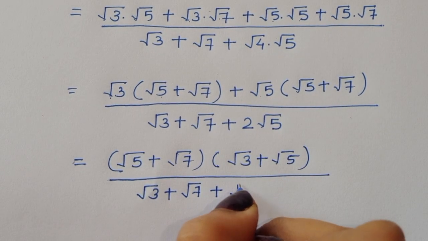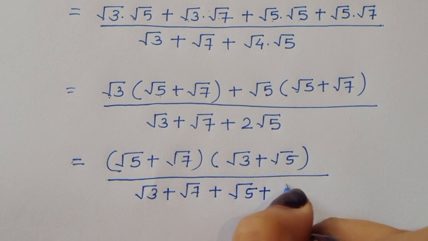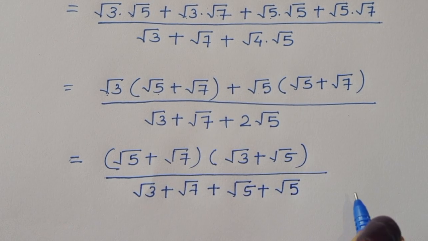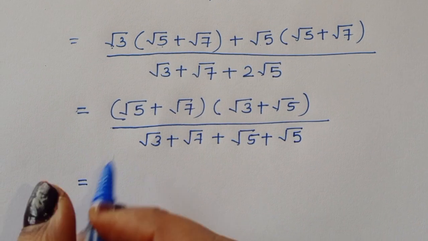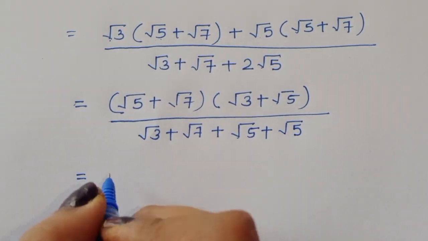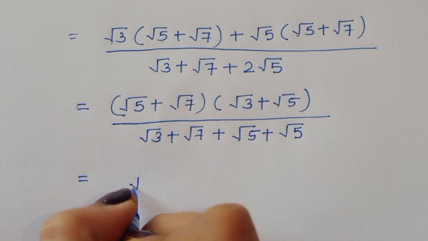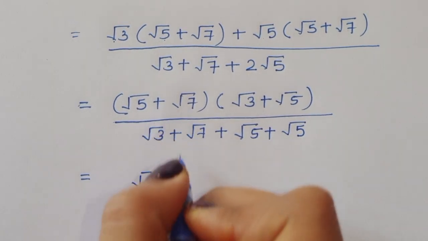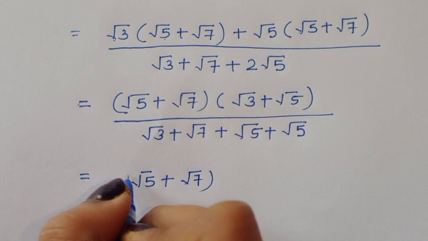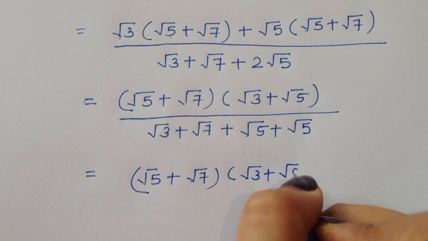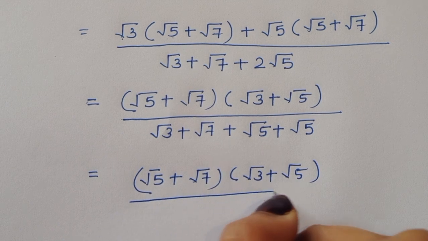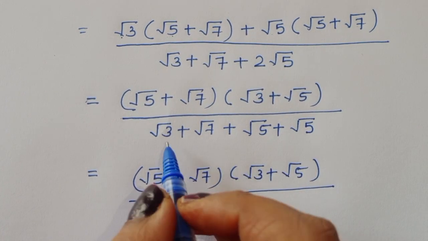So we can write this as (square root of 5 plus square root of 7) times (square root of 3 plus square root of 5) divided by, now we are arranging the terms here.